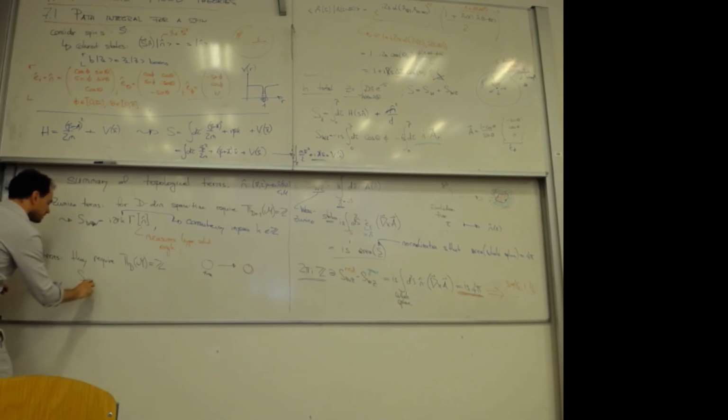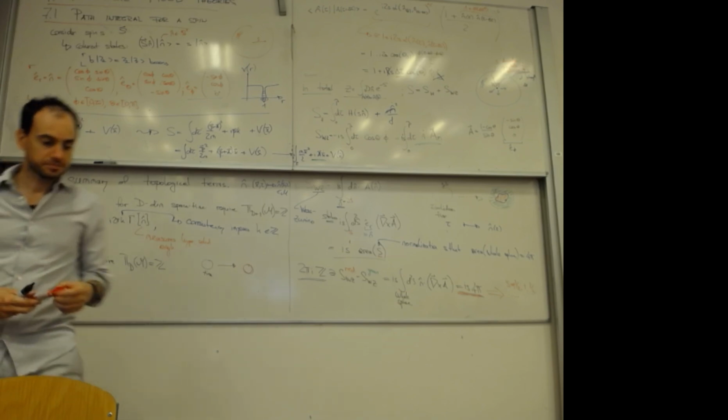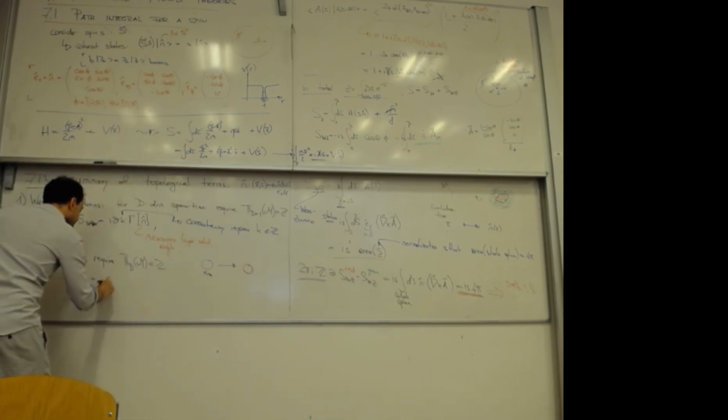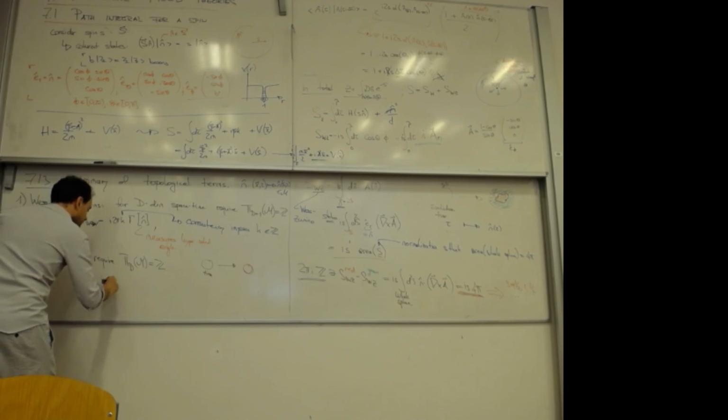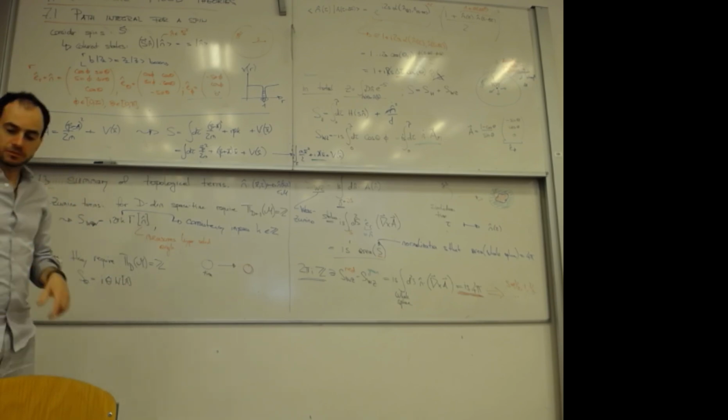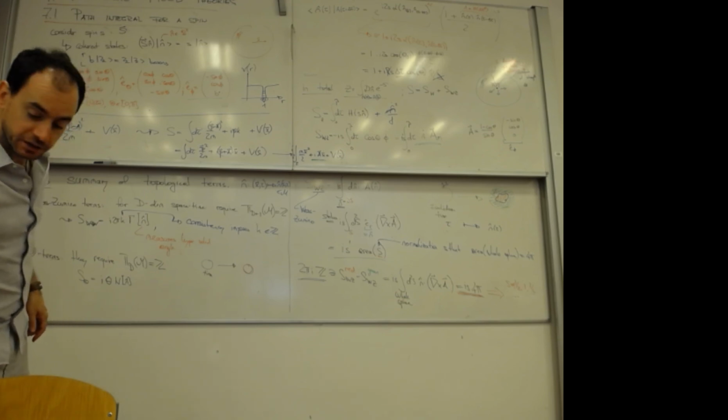So the theta term has this form: i theta times n, with little n. And this n just measures the winding number.